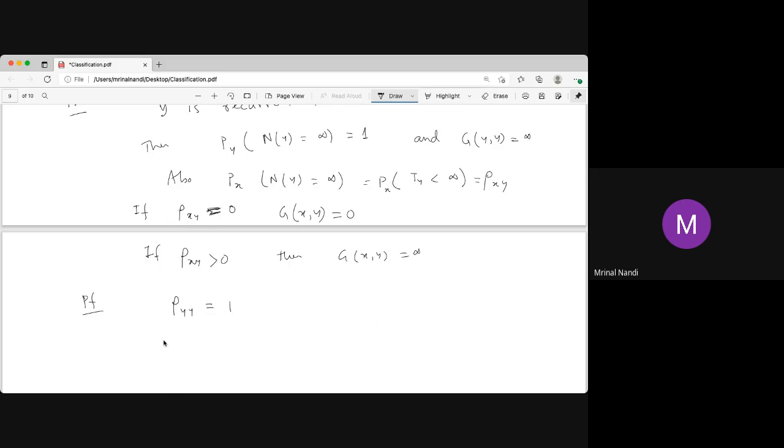Now for a recurrent state, what do we have? The probability, starting from x, that N_y equals infinity is the limit as m tends to infinity of the probability, starting from x, that N_y is greater than or equal to m. This is the limit as m tends to infinity of rho_xy, and this is rho_xy because it's a constant. There is no n.